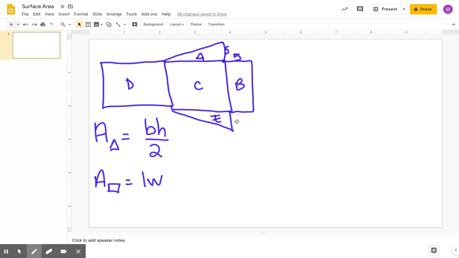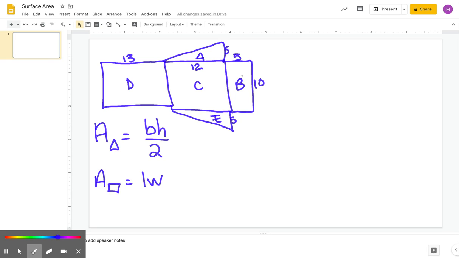This was 5, which also means this was 5 because they're the same. The length of this side is 10, which meant this was 10, this was 10, and this was 10. This length was 13, which means this was also 13. This is 12, which means this was also 12.